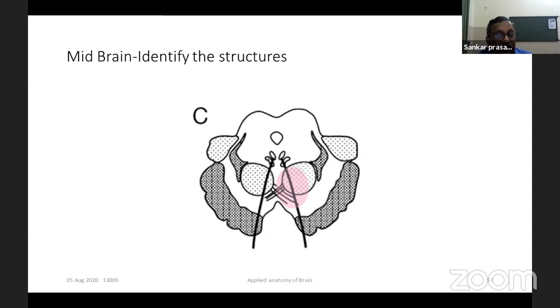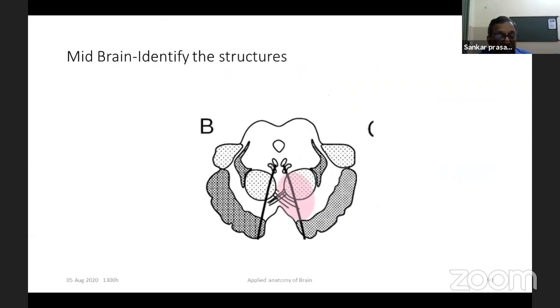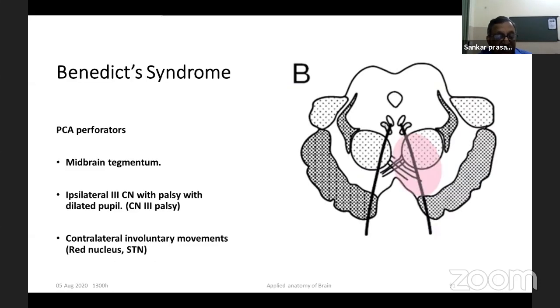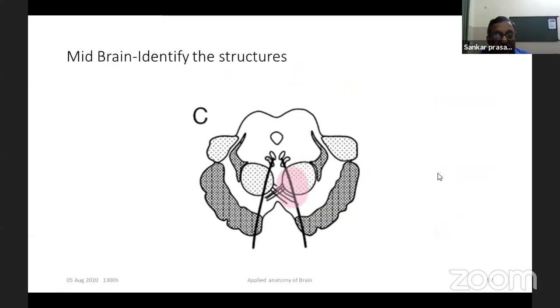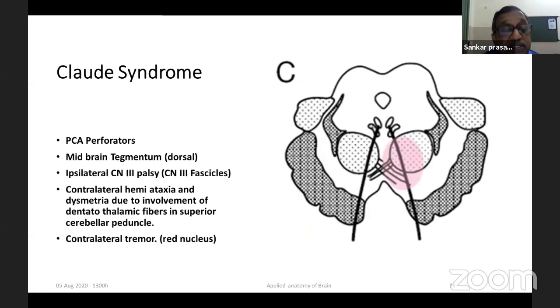So you will learn two syndromes now: Benedikt's and Weber's. Reticular activating system. Midbrain, again the tegmentum: Claude syndrome. Here there is contralateral hemiataxia.